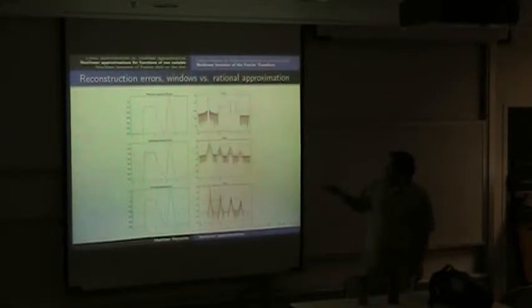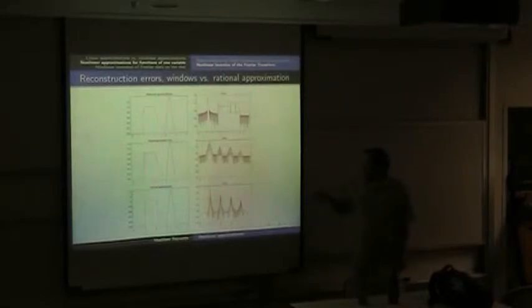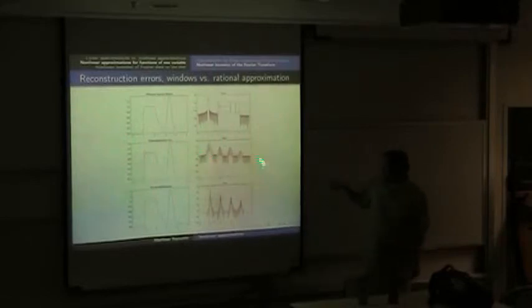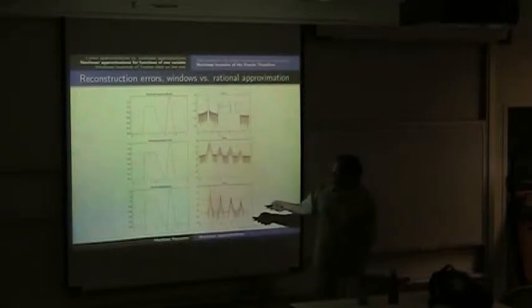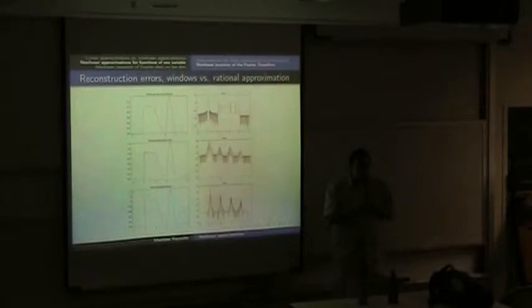Whereas if you use a flat window, you're going to do better away from the singularities, but closer to the singularities, you're going to have problems that go out for a significant amount of support, if you will. Whereas if you use a rational approximation, you have an error whose behavior looks like this, but the amount of error that you incur near the discontinuities has its support shrunk down quite a bit.